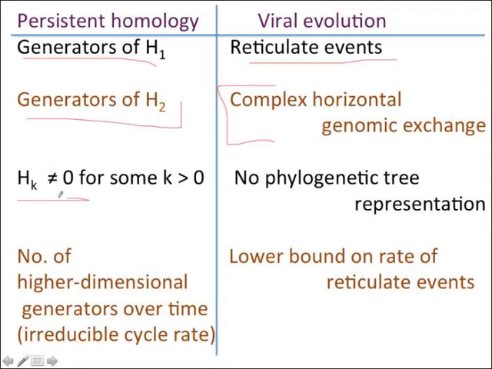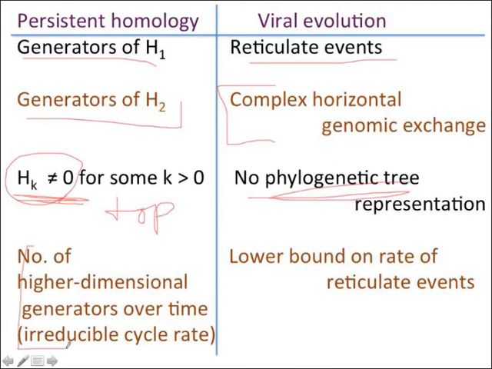And if we have H_k not equal to 0 for some persistent bar, then we don't have a phylogenetic tree. That was our topological obstruction to having a phylogenetic tree: if we have a persistent cycle for some k greater than 0.